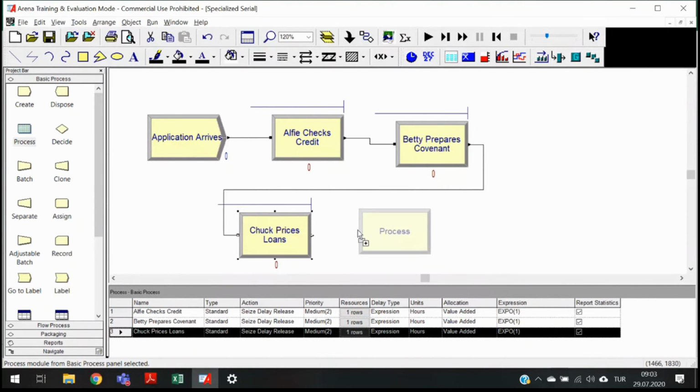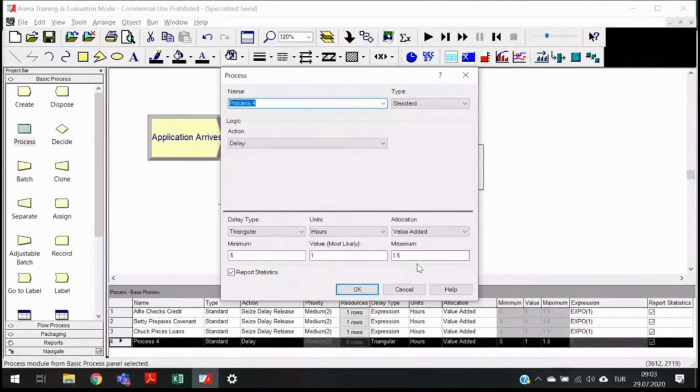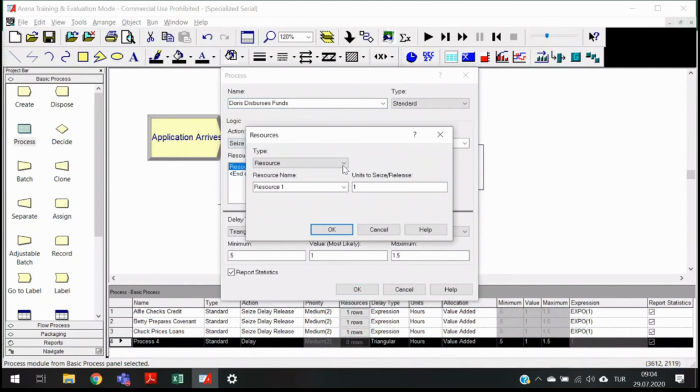Once this is selected, if I select process 4, it is automatically connected to the Chuck pricing process. And in process 4, Doris disburses funds. Again we have a seize, delay, release type of action, and the resource that we need to seize is Doris this time.